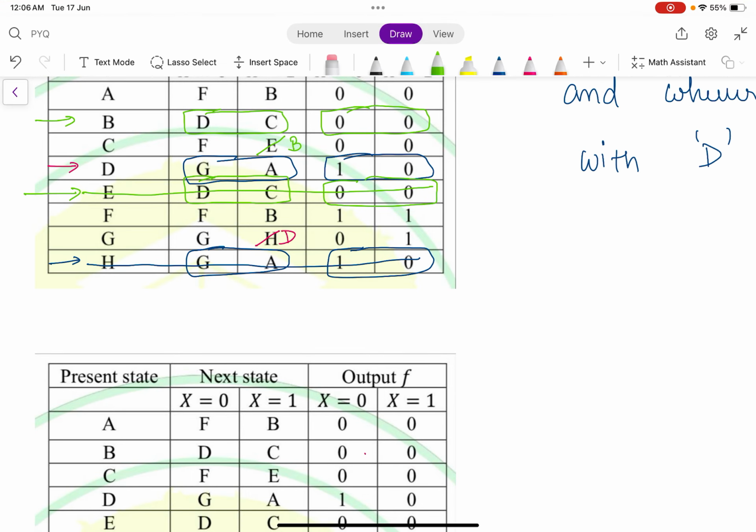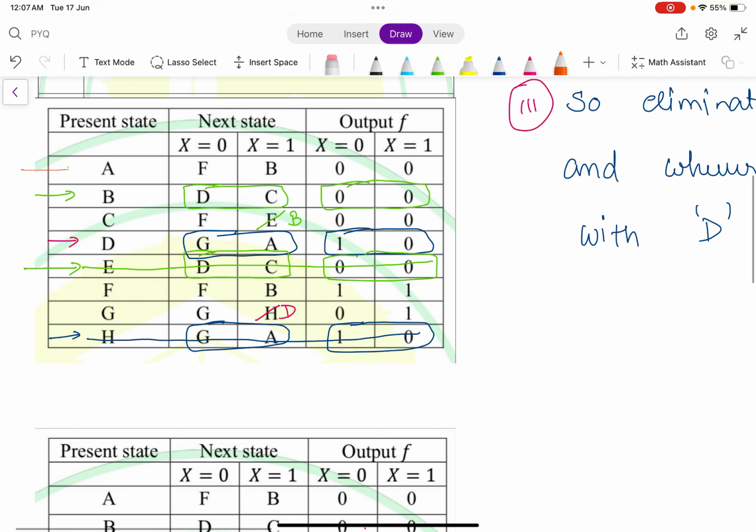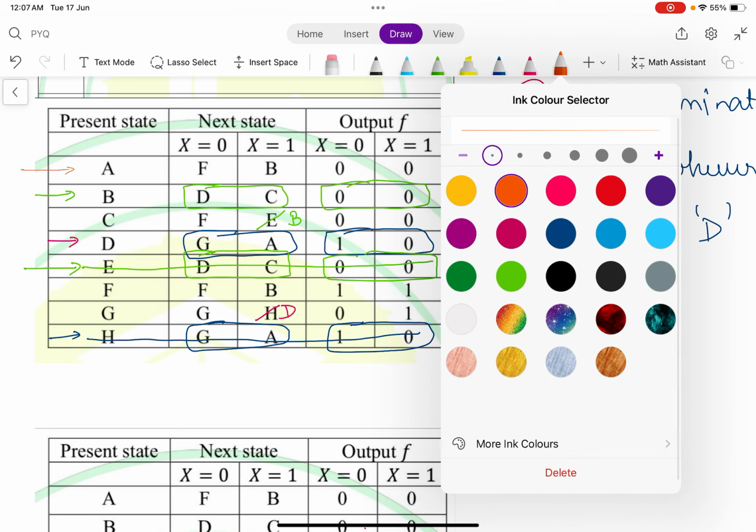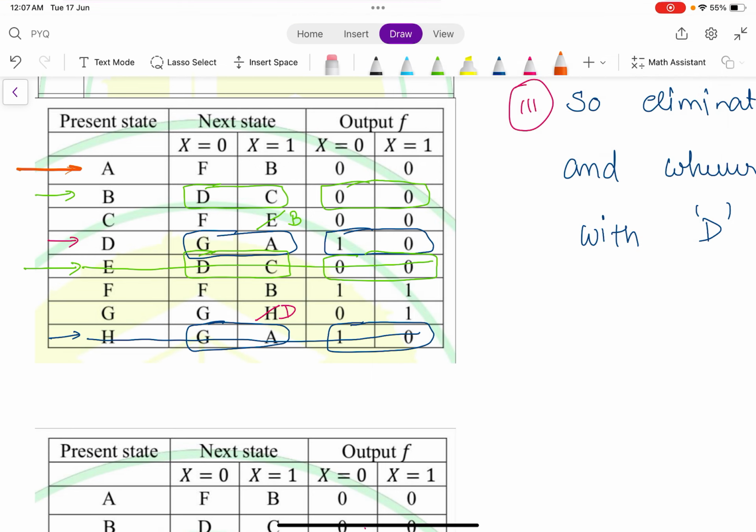Now further, if you see, this and this are same because F and B is now here and F and B is also here with 0 0 in output and 0 0 output.